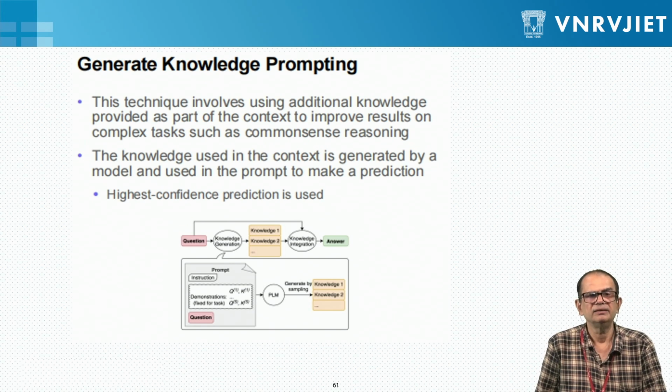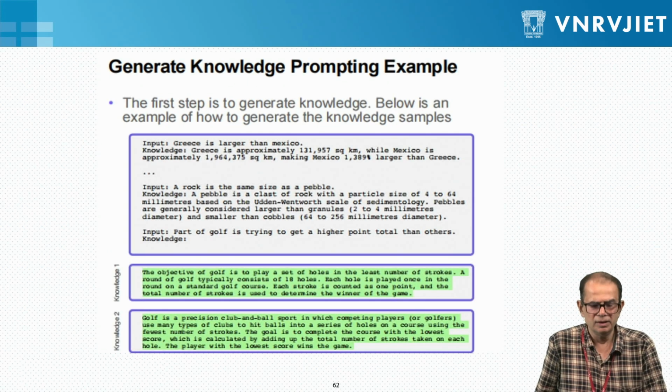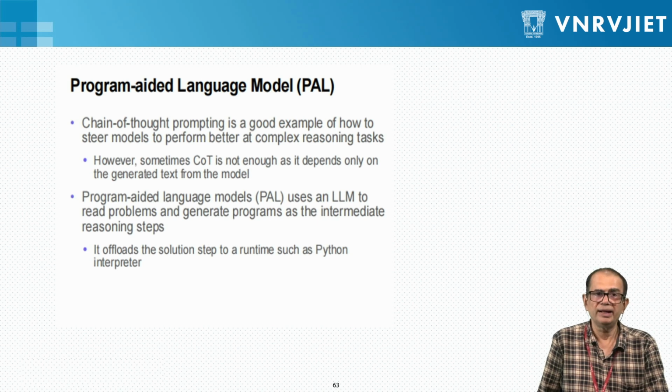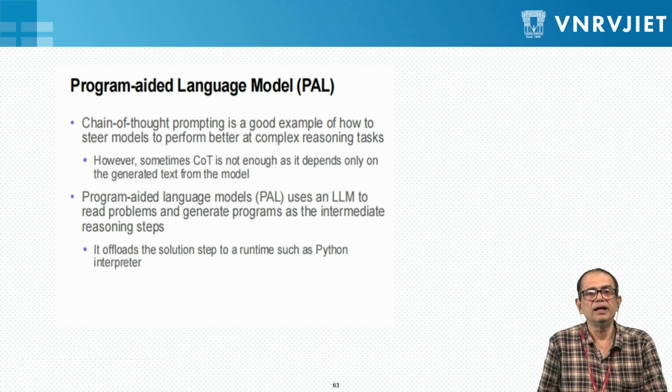So these are some general knowledge prompting that I can do to the machine. Okay. Now this is a typical example of general knowledge prompting.